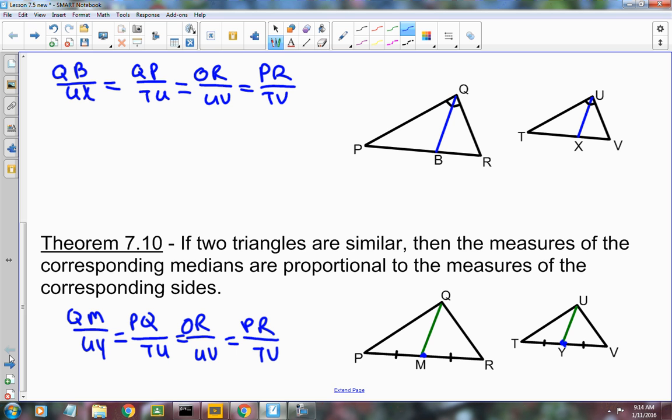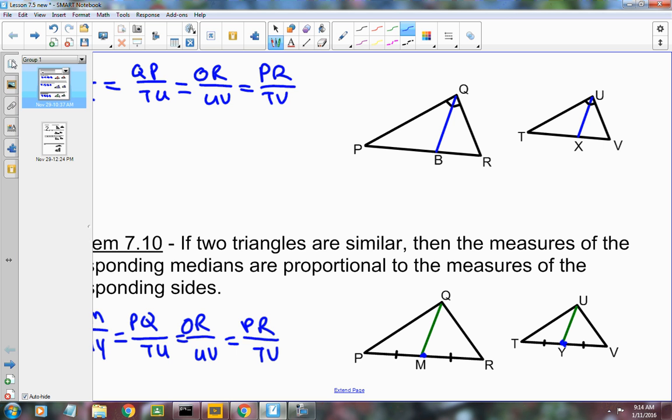So, in similar triangles, the sides are proportional to each other. They're proportional to the scale factor, they're proportional to the perimeter, to the angle bisectors, the altitudes, and the medians. They all have that relationship. They're proportional to each other. All right, so let's do a couple of examples.